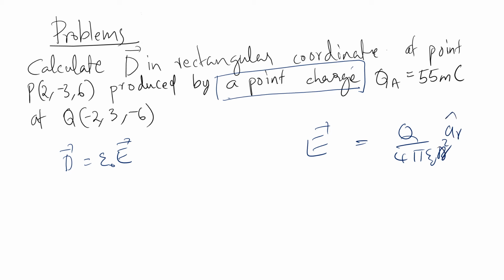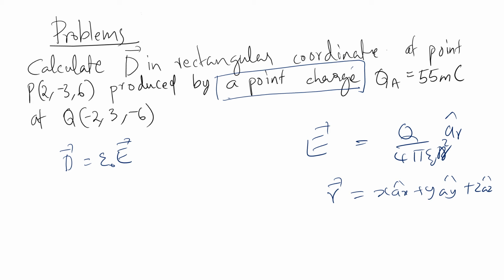So we will use the same, but this is mentioned in terms of a rectangular coordinate system, so we need to put what is r here. So r is actually x ax cap plus y ay cap plus z az cap, and that is in the case if the charge is at origin.